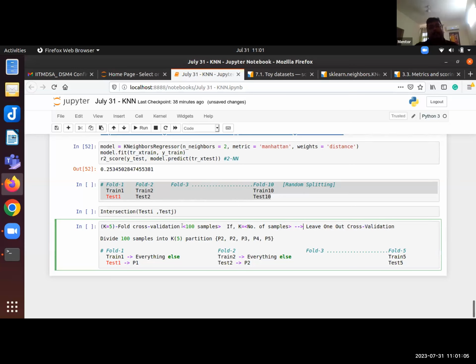Sorry to cut you off. If you were taking 100 samples, then how do we give to the train and test? If it is 20, then it is fine. The number is fixed as you decide this k.